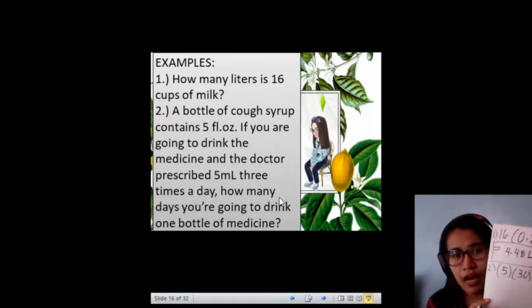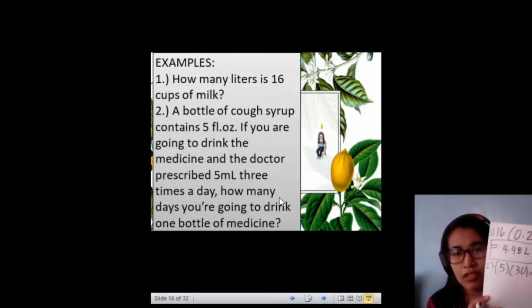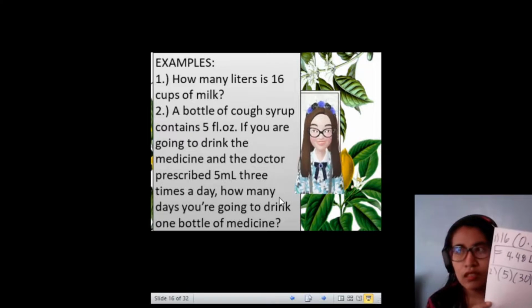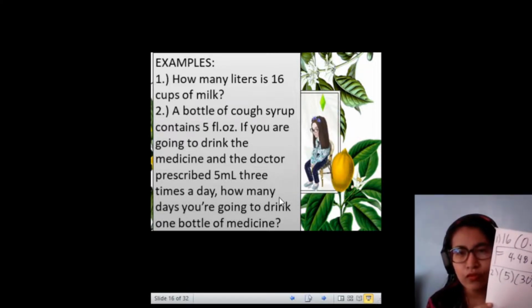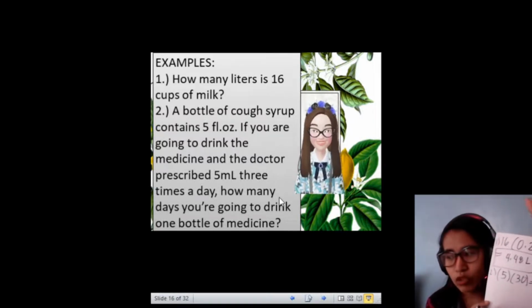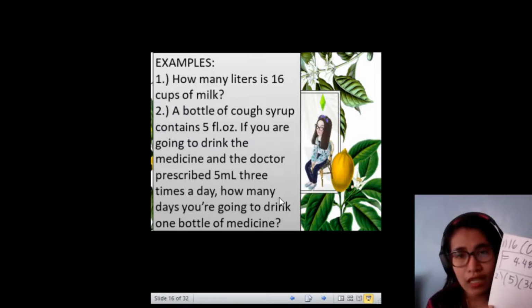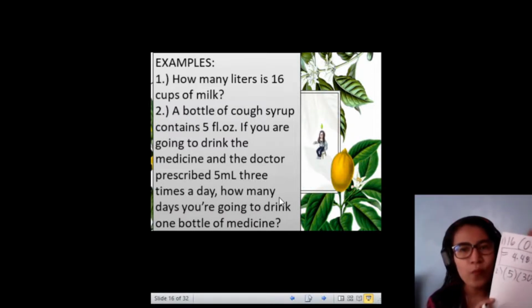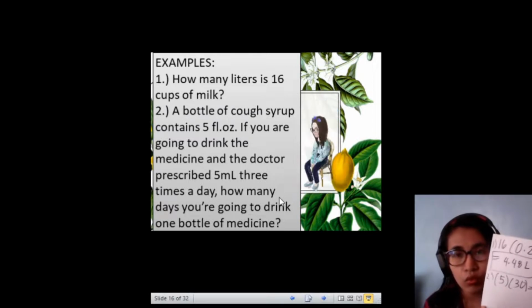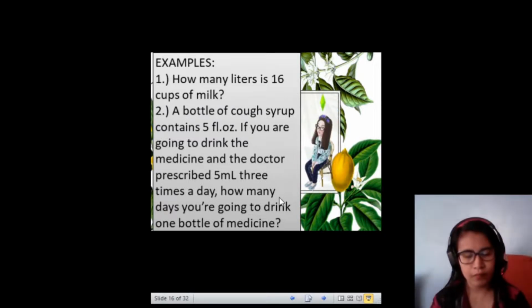And the doctor asks you to drink 3 times a day. It means once a day is 5 milliliter and 3 times a day is 15 milliliter. So this 150 should be divided by 15 for us to know how many days you're going to drink that one bottle of medicine.